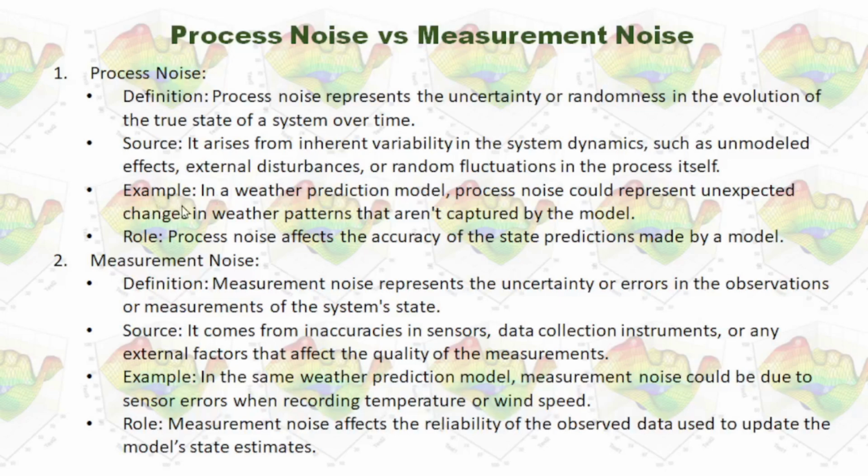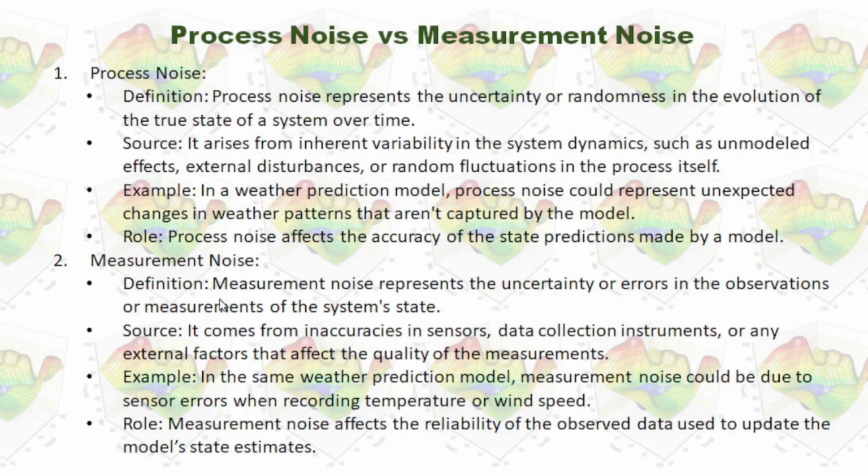For example, in a weather prediction model, process noise could represent unexpected changes in weather patterns that aren't captured by the model. Process noise affects the accuracy of the state predictions made by a model.